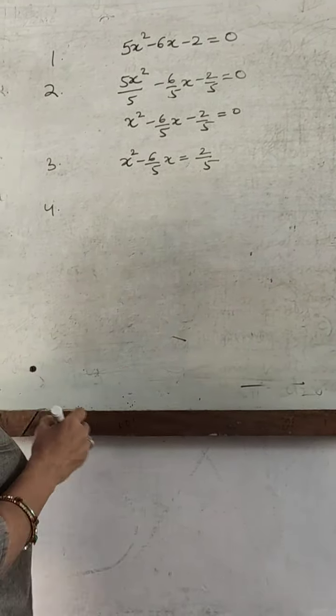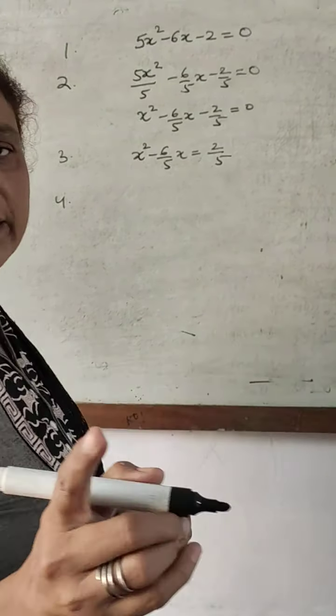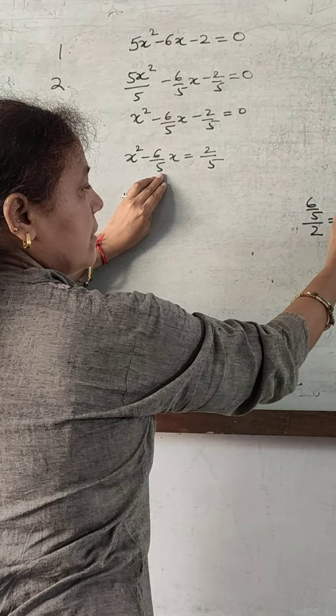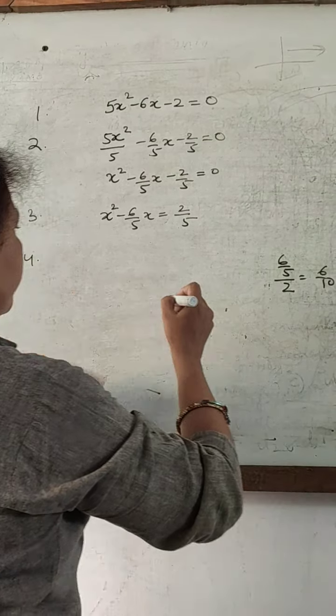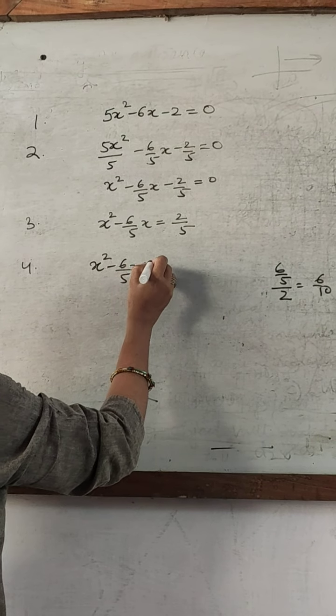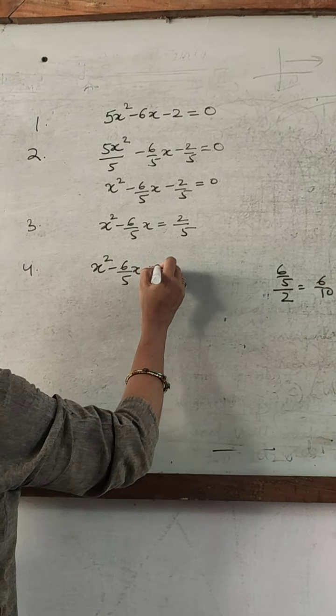The fourth step, we have to add the square of half of the coefficient of x on both the sides. You can see the coefficient of x is 6 by 5. So its half will be 6 by 10. So x square minus 6 by 5x plus the square of half of the coefficient of x on both the sides.